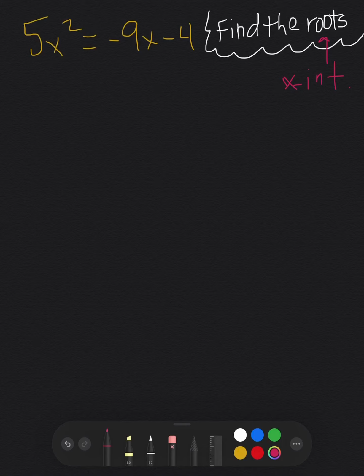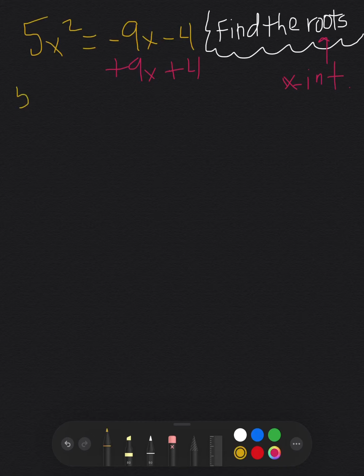So everybody see this stuff right here? Negative 9x minus 4. It's on the wrong side of the equal sign. We need to put it next to this 5x squared. So what we're going to do is add 9x and add 4 to the other side of the equal sign.